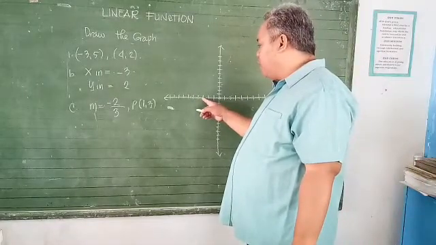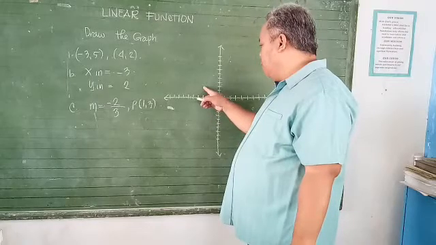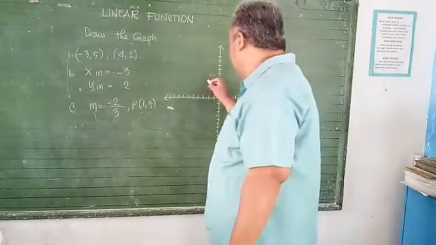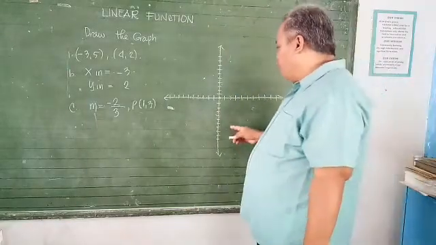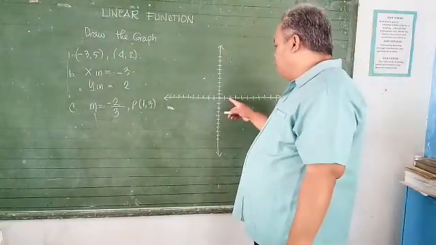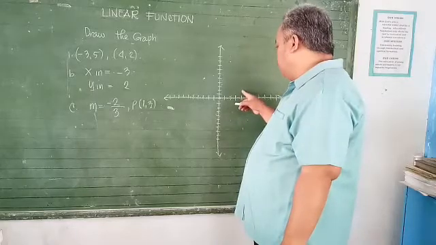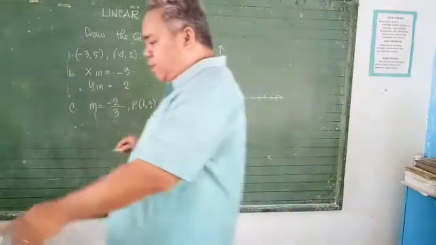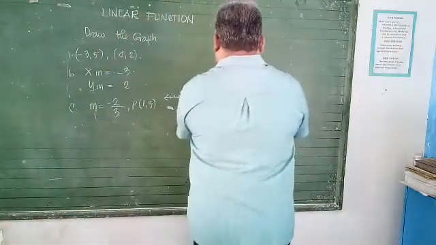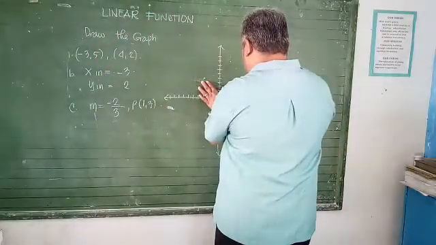Then 5 on the y-axis going up, 1, 2, 3, 4, 5. So it could be here. And the other one is (4, 2). 4 first, 1, 2, 3, 4, then 2, 1, 2. Then, of course, you're going to connect the 2 points with a straight line.